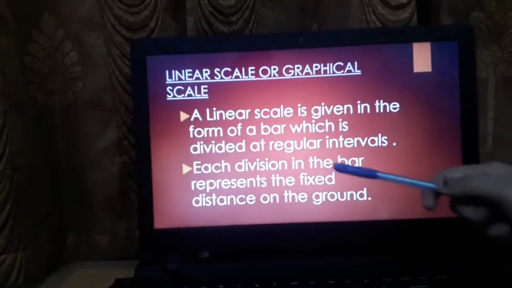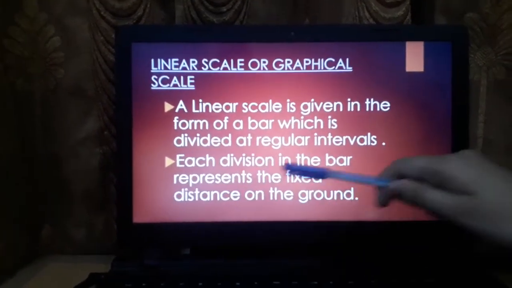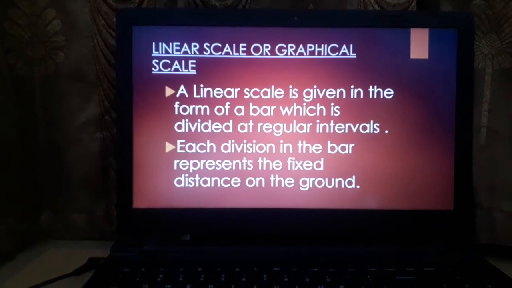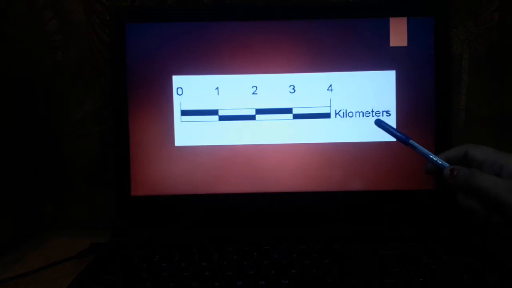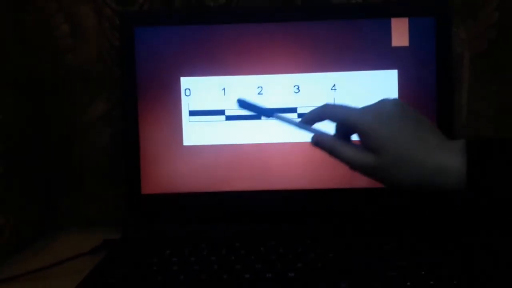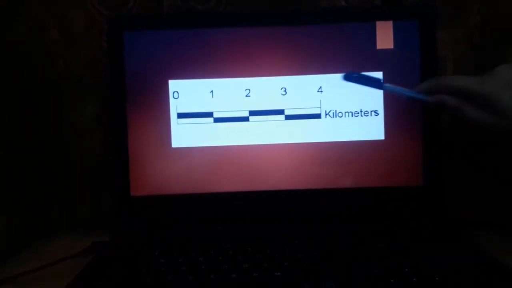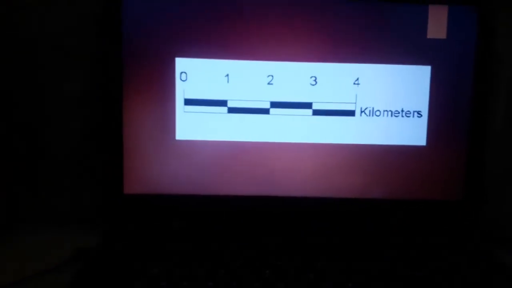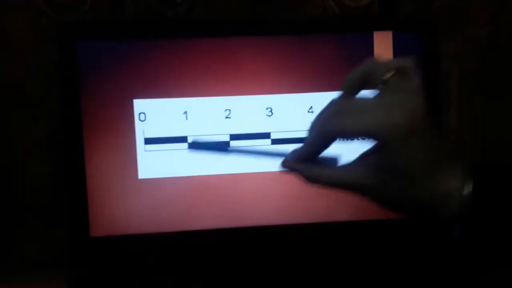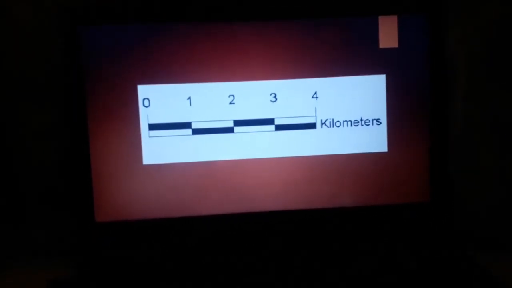Each division in the bar represents a fixed distance on the ground. The scale is in kilometers: 1 kilometer, 2 kilometers, 3 kilometers and 4 kilometers. Got it, students? A bar divided into intervals shows us the distance.